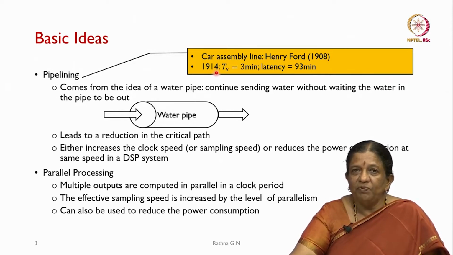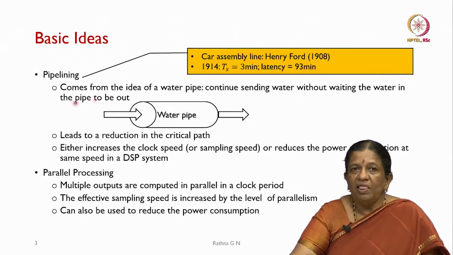In 1914 a car was coming out every 3 minutes, but the latency in that case was 93 minutes. Although they were able to achieve 3 minutes, 93 minutes was the latency between two cars because one of the steps was taking more time.